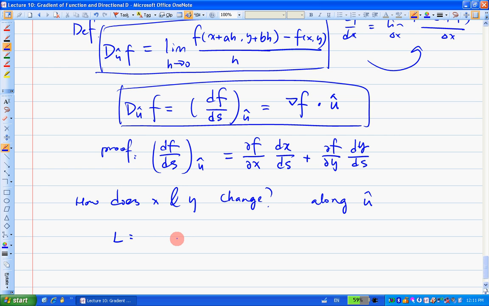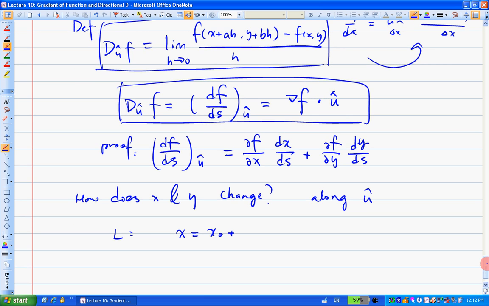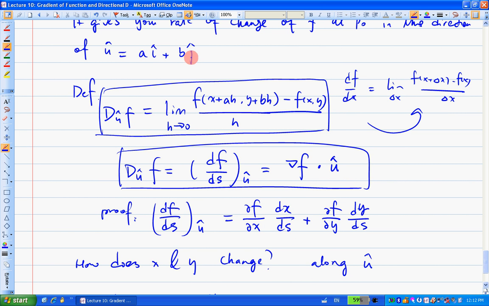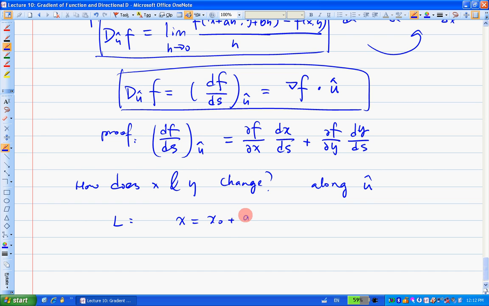So the line is x equal to x naught plus a s, where u hat is written as a i plus b j, and y equal to y naught plus b s. That makes sense? That's the line L equation.